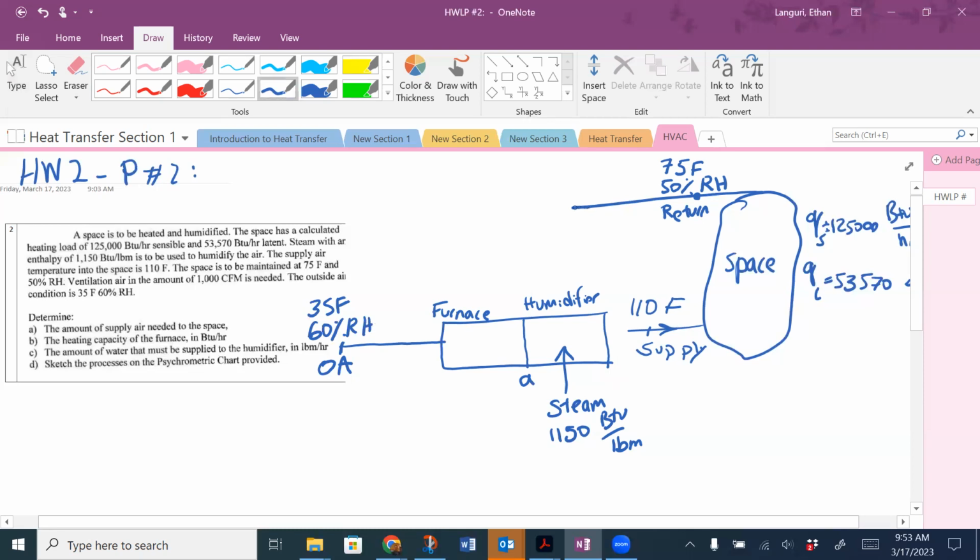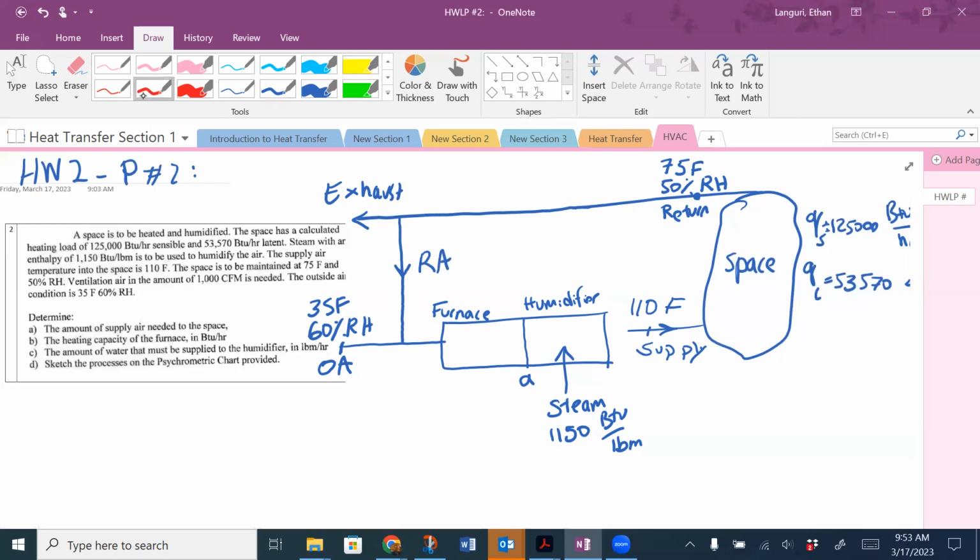And my return air gets exhausted, but some part of it is returned back to be mixed with outside air. So this is still your return air, and notice here, this is my mixing. On the psych chart, I'll show you how to show the mixing condition here. So it looks like this is all I have.